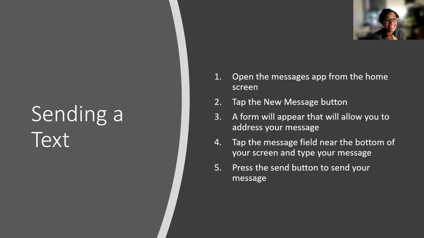Now, if you want to send a text to more than one person, you can absolutely do that just by adding in more contacts or more phone numbers to step 3. Right? So I could send a message to my sisters, my husband, and my mom all at once. And this is called a group text, just by addressing it to all of them.